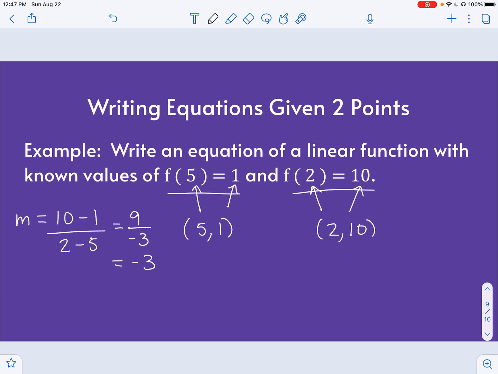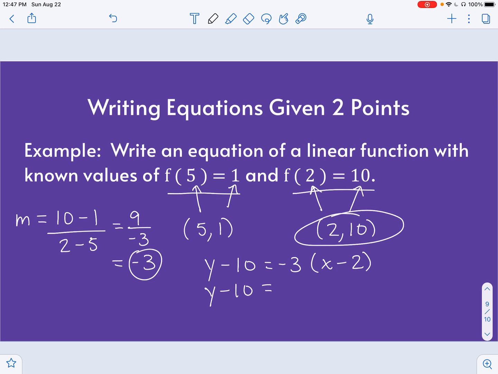So let's say I were to use this and this. I would say y minus y1 equals slope times x minus x1. Then I'm going to add 10. And that's my equation.